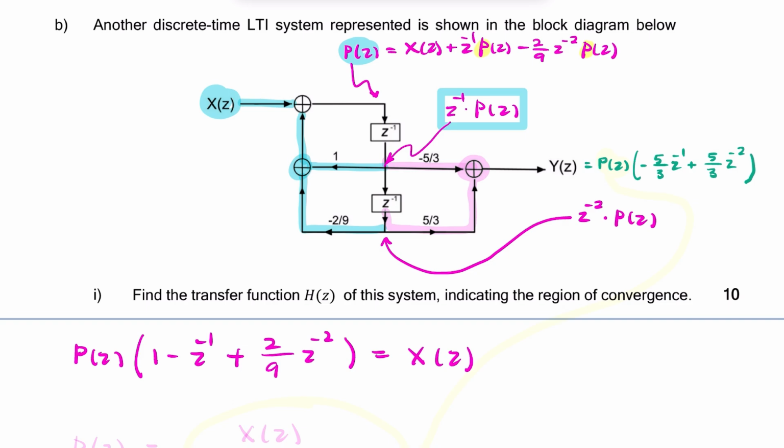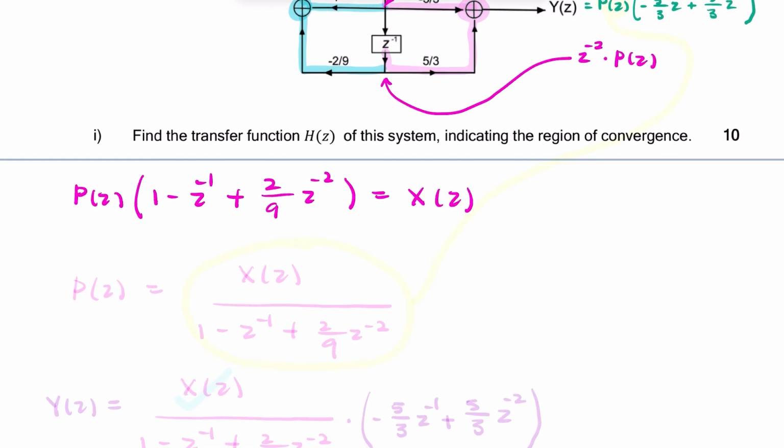And then divide to find P of z. So P of z equals X of z divided by 1 minus.